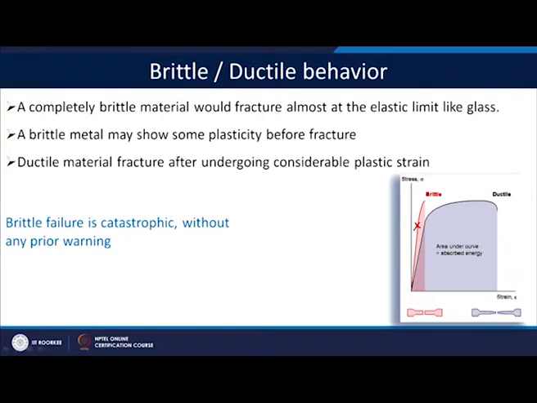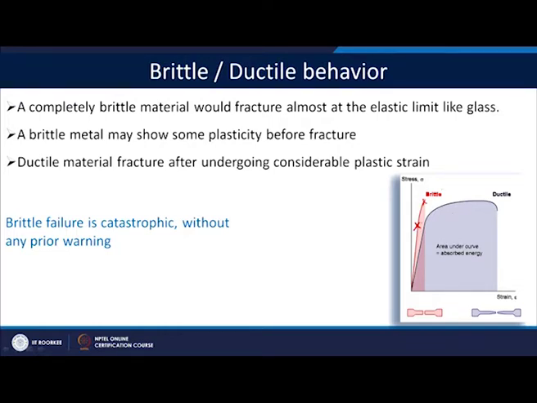In metals, again we call some metals brittle metals, but in brittle metals you slightly see some plasticity before fracture. So, in metals, it is not going to fail in the elastic limit itself. Some plastic deformation you will see and then it will fracture. So, that is in case of some brittle metals. Glass of course is a different class of material.